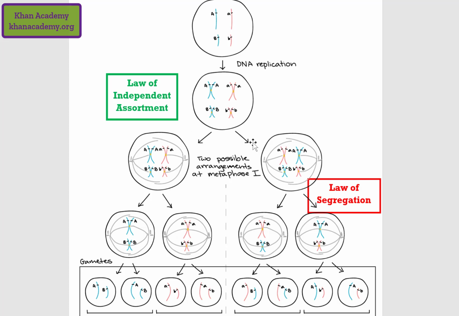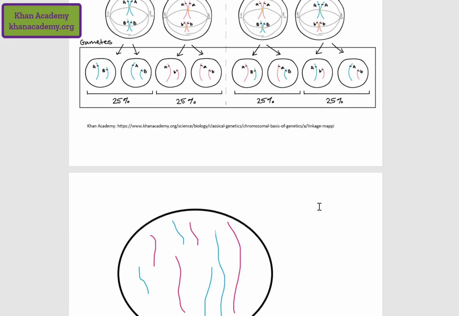So prometaphase would be the correct answer of how would you show that it is actually happening? Like, how does it get there? Prometaphase 1 for the law of independent assortment, and then anaphase 1 for the law of segregation is what you would use to prove that the law of segregation is occurring.